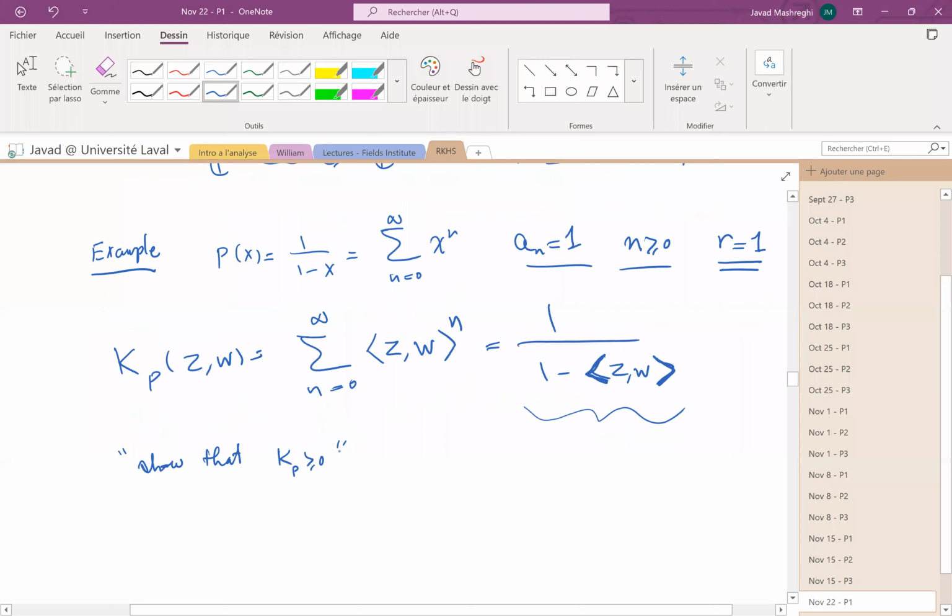I invite you to try. Just forget about what we have discussed up to now, and directly proceed and show that 1 over 1 minus the inner product of Z and W is positive. Just this.